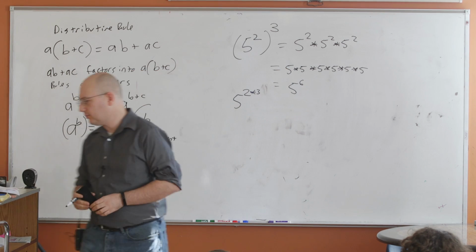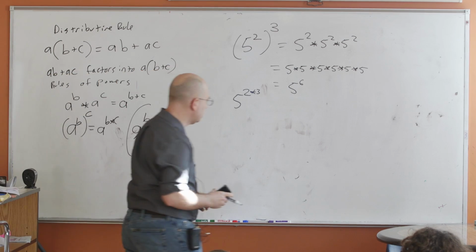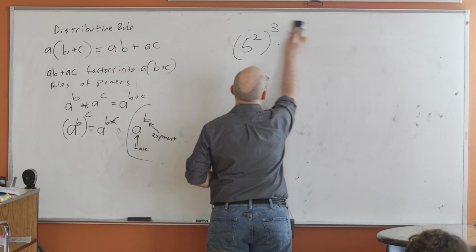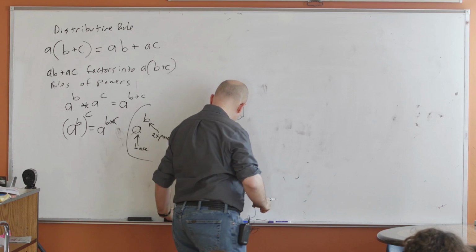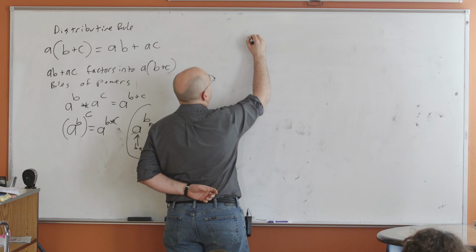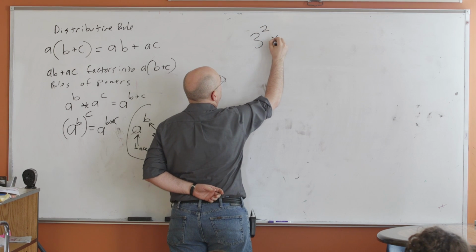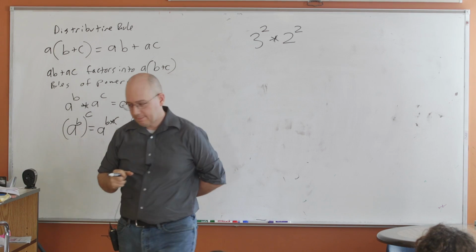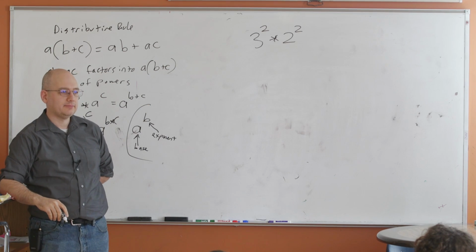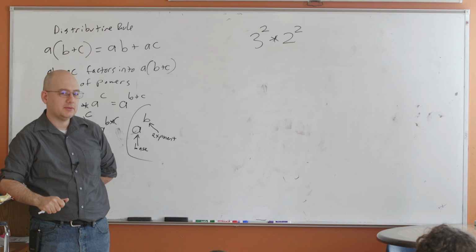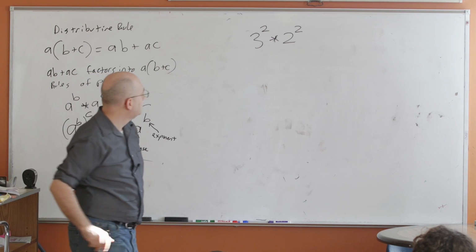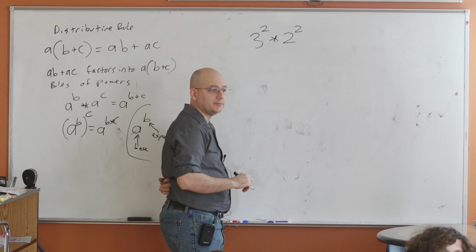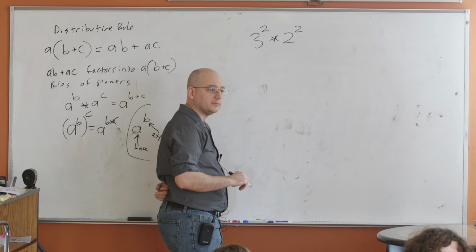Let's see, what else do we have with powers? So, let's say I've got 3 squared times 2 squared. Can I do anything with that other than multiply it all out and give you a number? You said you only merge the exponents if the like base number is the same, right?